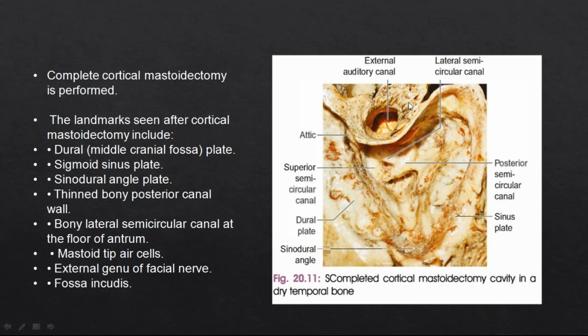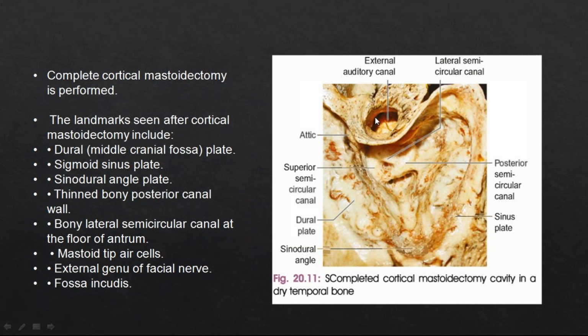You can see this is the middle ear, and this is the promontory, and this is the bony external auditory canal. Once you see this picture, that means you have come to the end of the simple mastoidectomy. The additional thing done here is this part, from here. Can you see?